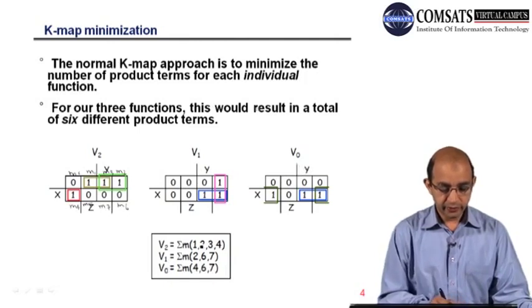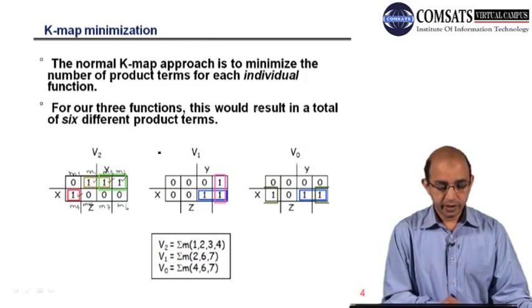Here you can see for this V2 we have 1, this is 1, then we have 2, this is 2, and then we have 3 and 4. Now in the next step we have to perform the simplification, and for that we look for pairs.